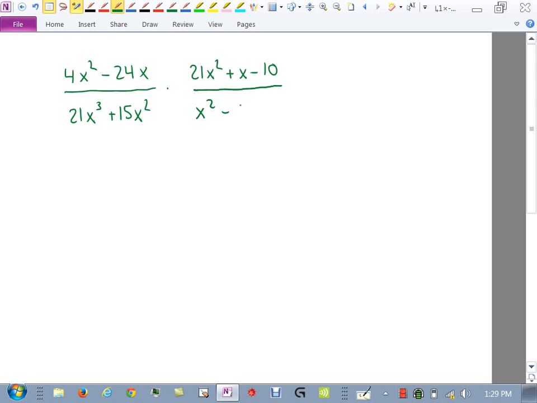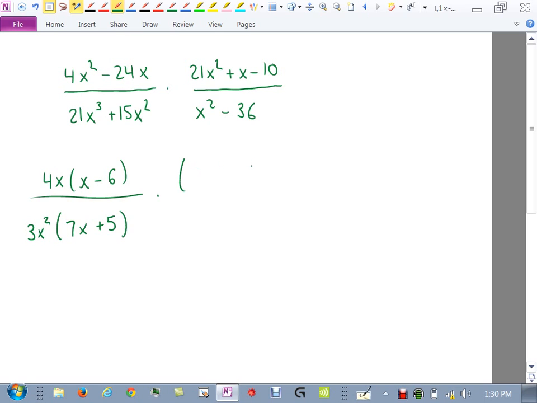Okay, what was the problem? 4x squared minus 24x. Okay, the top left factors by GCF. The bottom, 3x squared comes out. 7x plus 5.